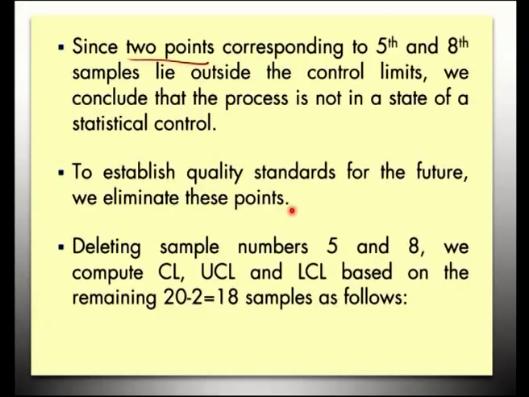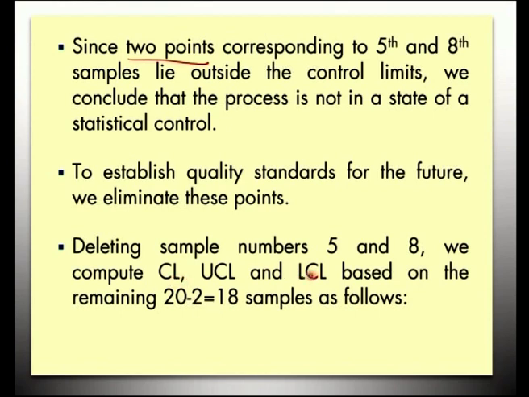When we eliminate the 2 points from 20 points, only 18 samples are taken into account. It means we are eliminating the 5th sample and 8th sample.